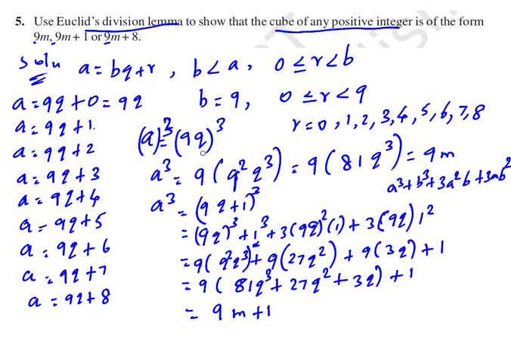So the first case, a equal to 9q, we have proved that it is in the form of 9m. The second case, we have proved that it is in the form of 9m plus 1.